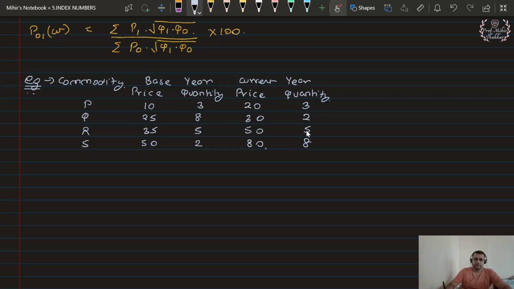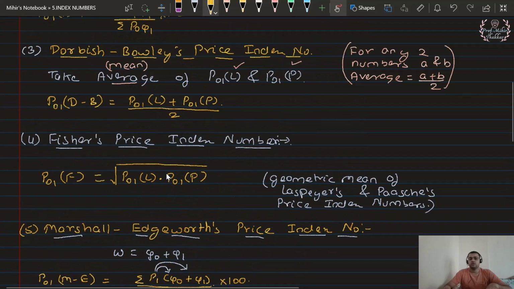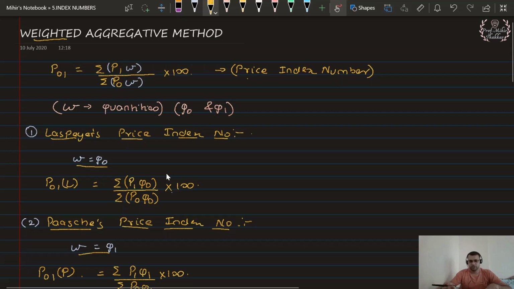When I want to find out the Laspeyres index number, I have to remember my formula. P01 L is equal to summation P1 into Q0 divided by summation of P0 into Q0 into 100. It is very simple to remember these formulas. How do we remember them? Depending on the weights that these people are using.